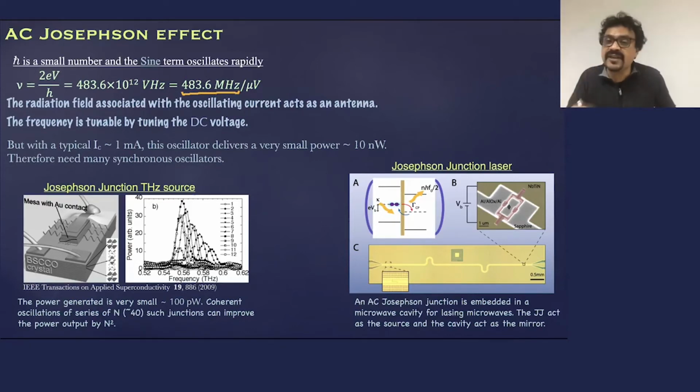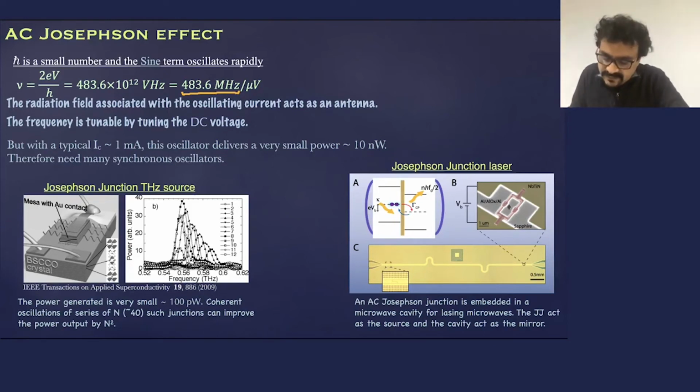This Josephson junction can actually emit and absorb both. So you have a kind of an artificial atom which can emit and absorb the radiation, embedded in a cavity, and this is going to give you lasing action of microwave that is basically gated by the Josephson effect.